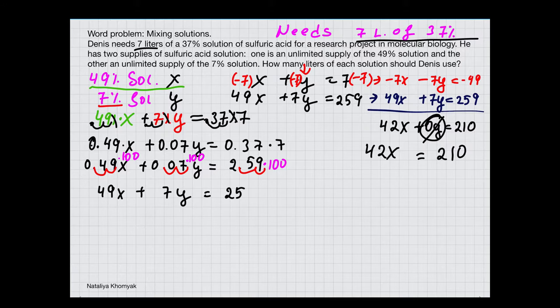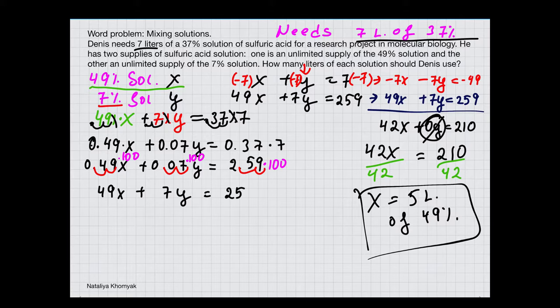To solve for x, we just need to divide both sides by 42. x is equal to 210 divided by 42, which equals 5. So we need 5 liters of 49% solution. This is part of our solution.